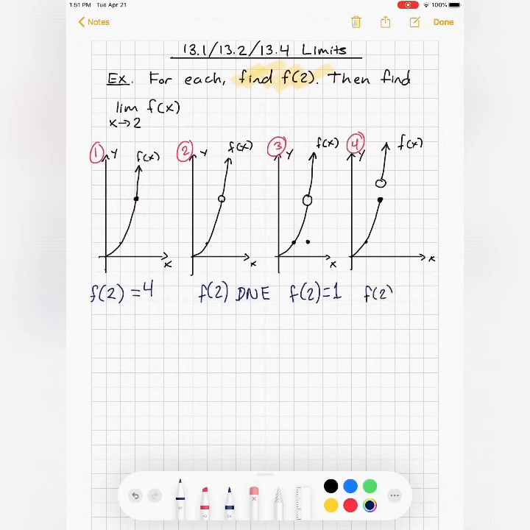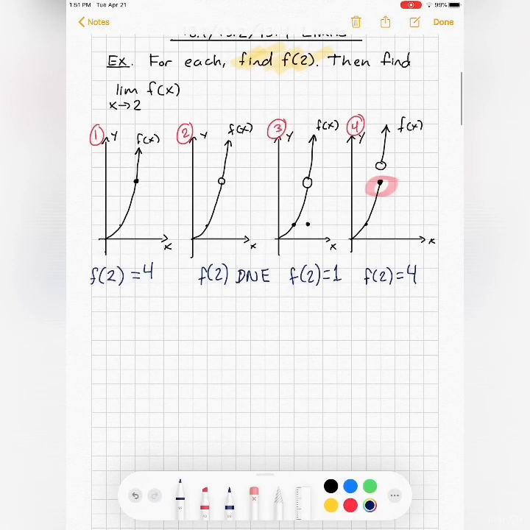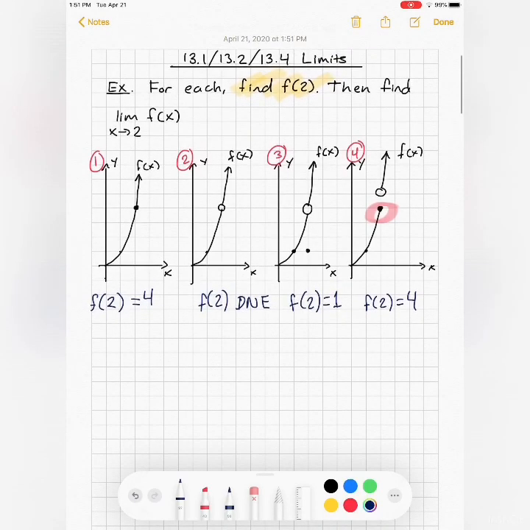Okay, same idea on number 4 here. I'd want to list the closed dot. That'd be 4. Okay, so I've gotten this part done, listing f of 2.